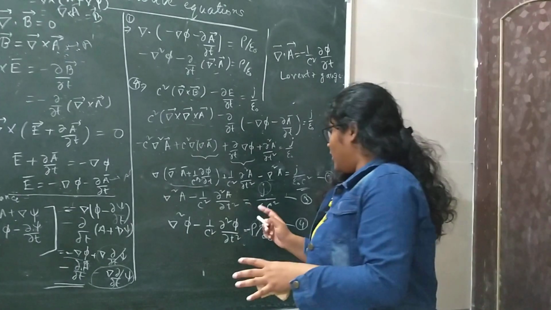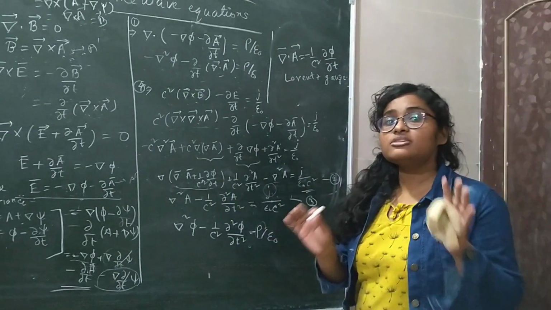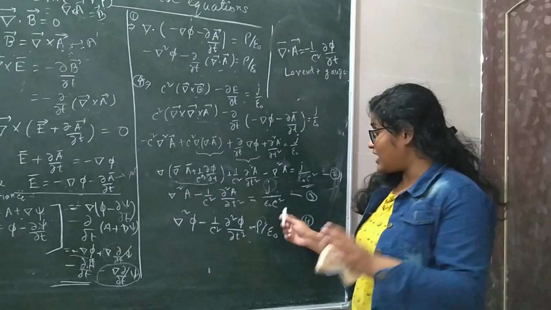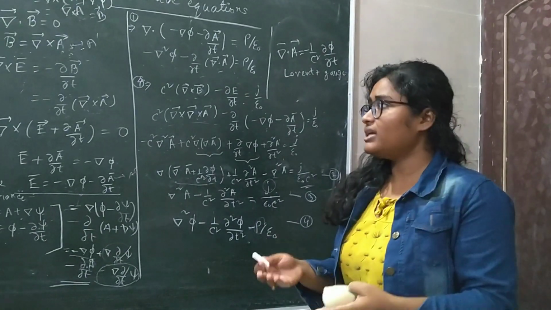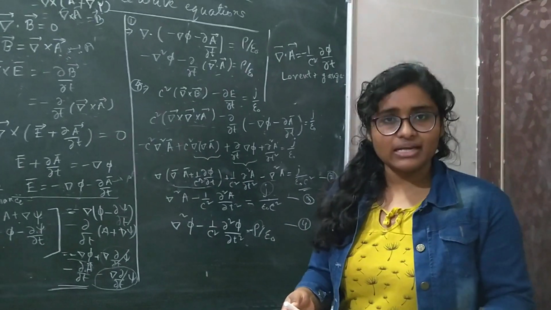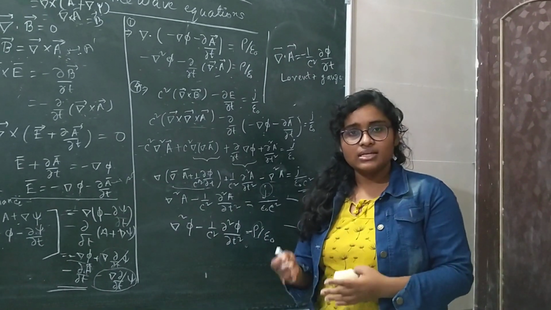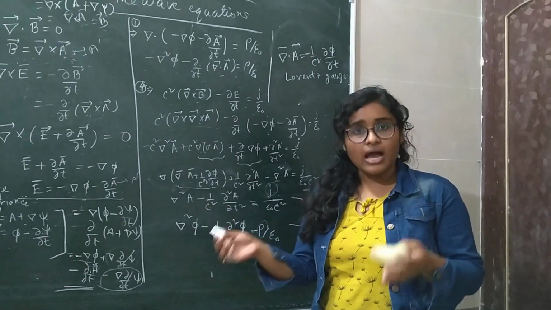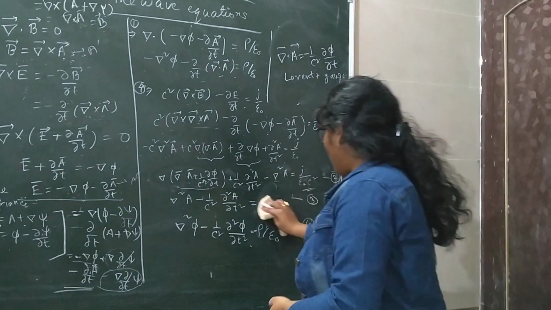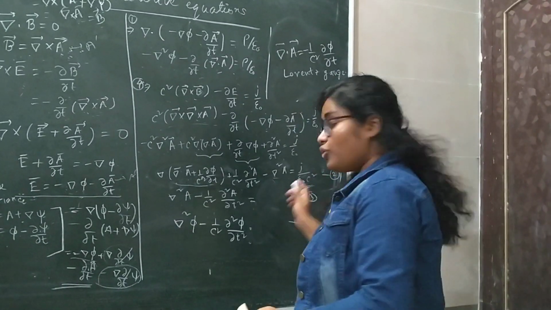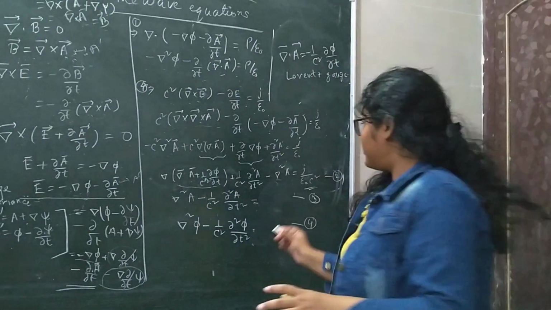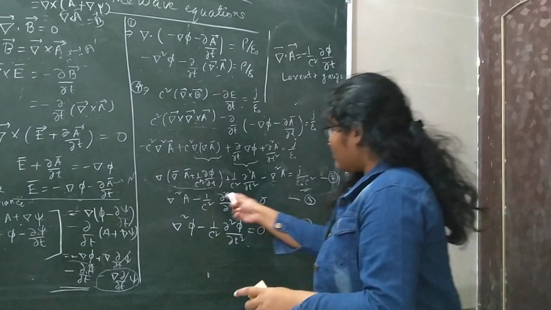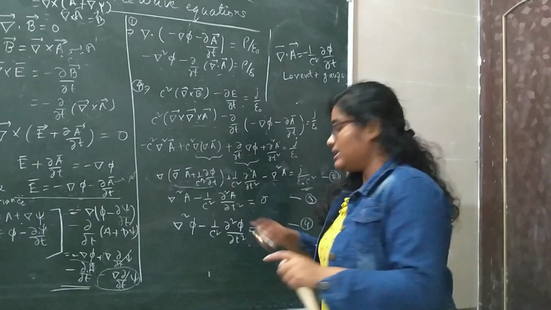Okay, so in free space there is no current density, there is no charge density. You have to think that in free space how can we get EM wave, because there is no charge, there is no current, but still there is propagation of electromagnetic wave. How is it possible? Although you don't have rho or J in free space, this tells you the wave equations where the velocity of the wave will be c.